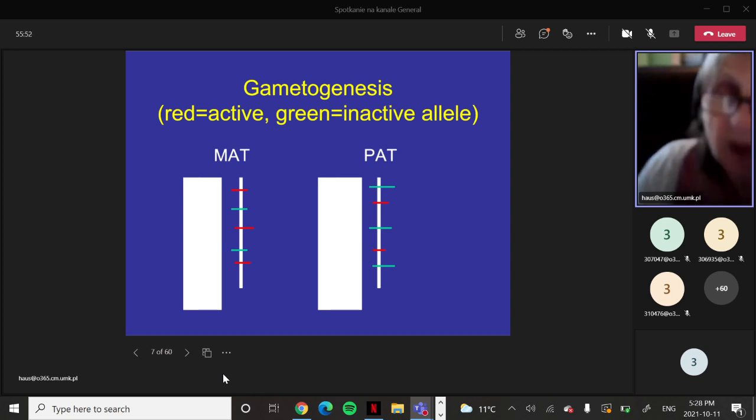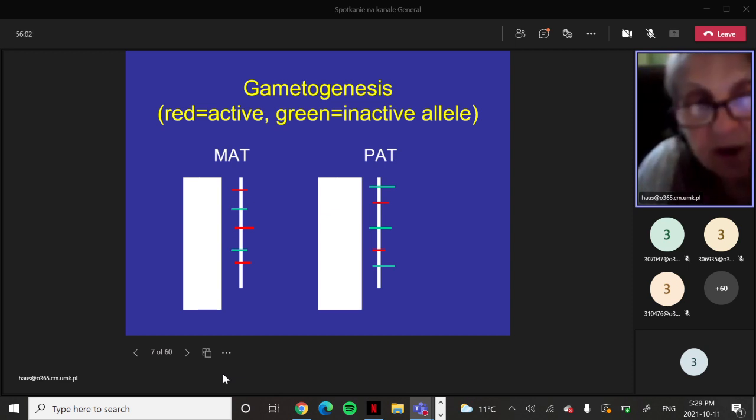One allele must always be active. So if one allele is imprinted in the future father, the second allele is not imprinted in the future mother, and inversely.